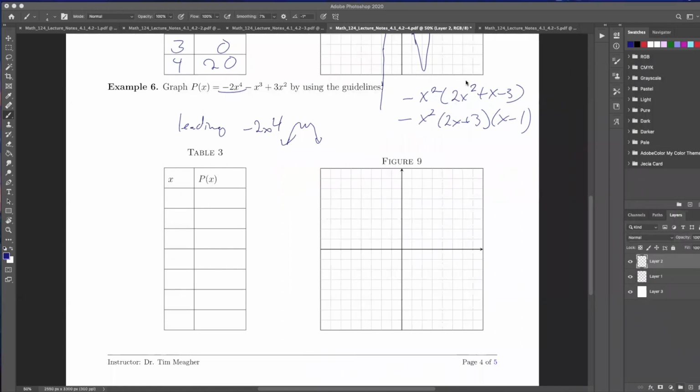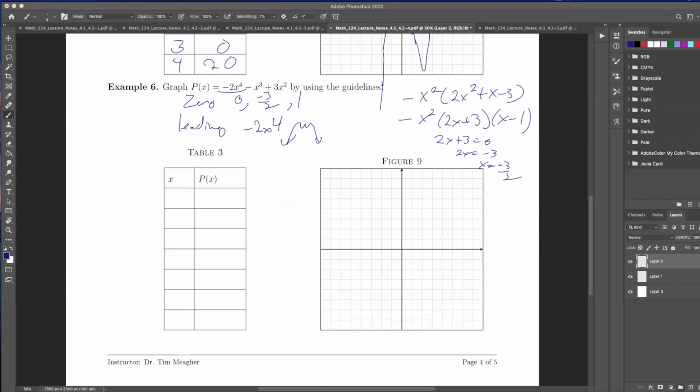Because for negative x squared, the 0 is a 0. For this one, if I had 2x plus 3 equal to 0, that means 2x is equal to minus 3, or x equals minus 3 over 2. So that's the minus 3 over 2 zero. And this, of course, is the 1. Okay.